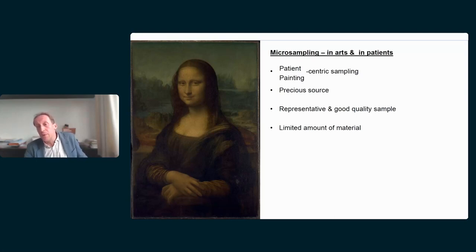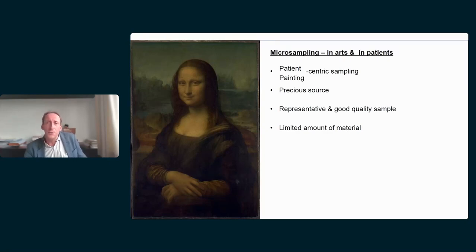Talking about microsamples, we are confronted with a limited amount of material. In the context of the Mona Lisa, obviously, we don't want to scrape half of the Mona Lisa surface to get an answer to the question that we are asking. Likewise, we don't want, and importantly, we typically don't need, in many instances, a whole tube of blood.